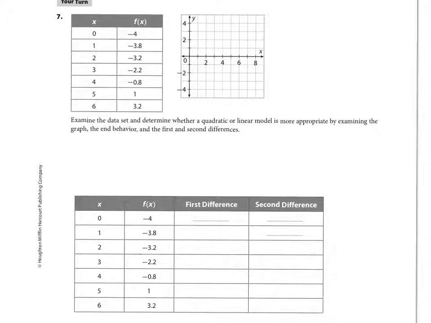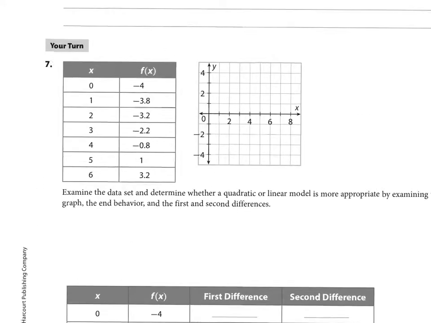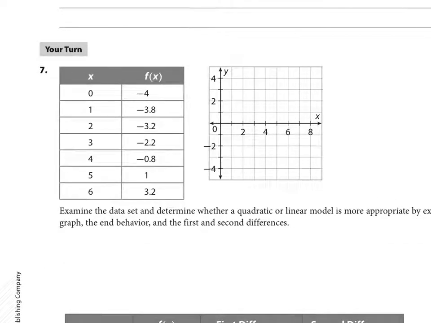Alright, so here's our first problem we're going to do. They give us a set of data, and they give us the points, and they want us to plot these points, and then take a look at the graph itself to help us determine what's a better fit in terms of the type of model it is. So all I'm going to do here is plot these points real quick on the graph.